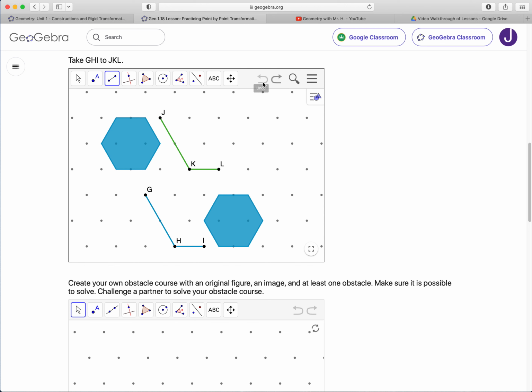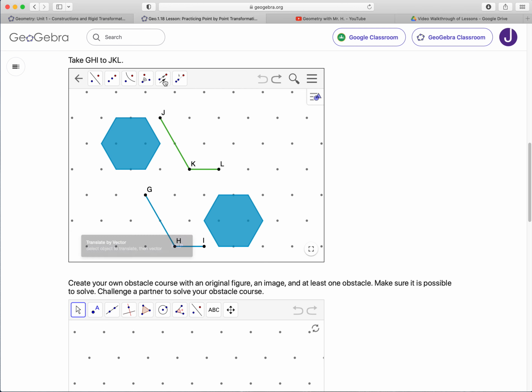So what can we do? Well, I guess we can rotate it a little bit. So maybe rotate it upwards a little, like rotate it using I as a pivot point, maybe, or H as a pivot point. Let's use I.